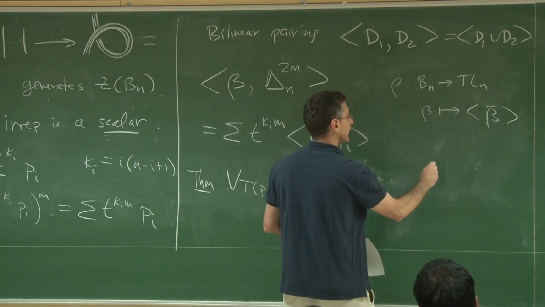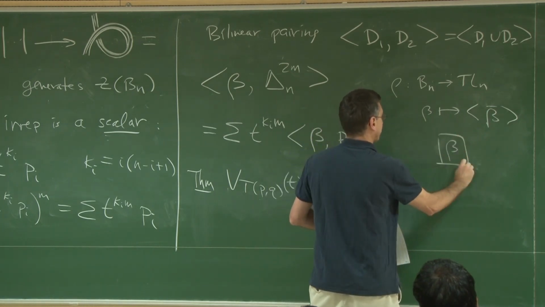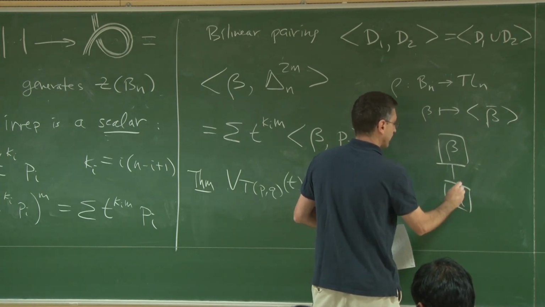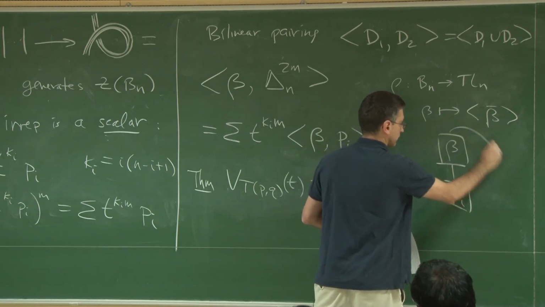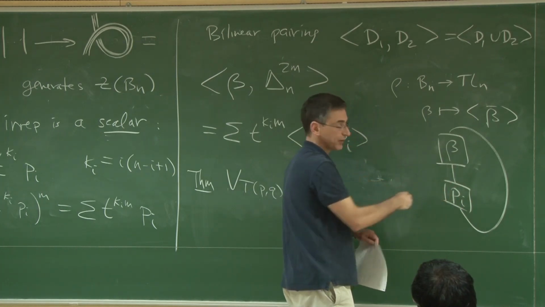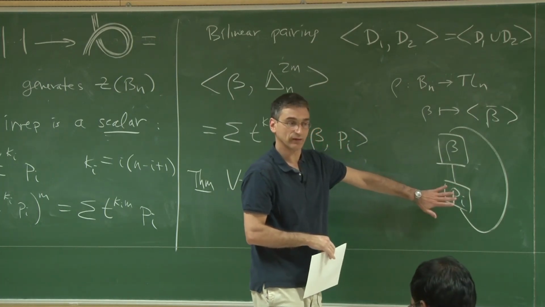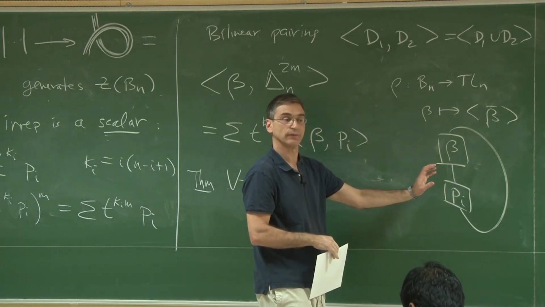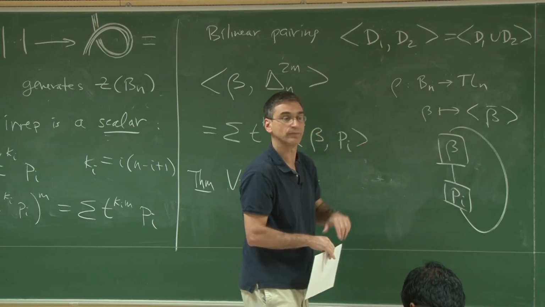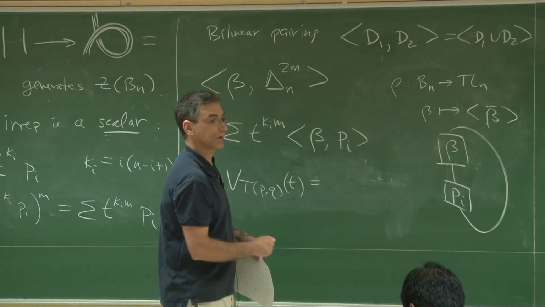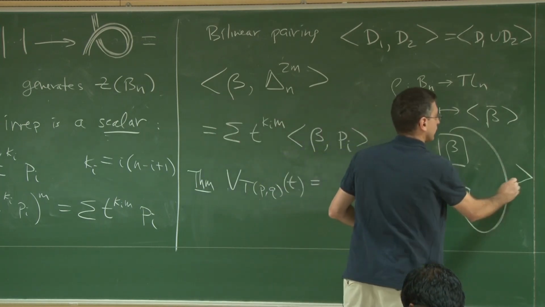So I'm going to take a braid, and then I'm going to have some p_i. And I'm treating this as a linear combination of elements, but we're going to suspend our concerns about that and just treat this as a single gadget, and then take the closure. And then take the Kauffman bracket of that.